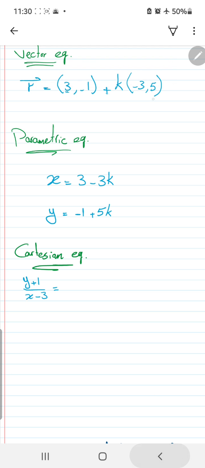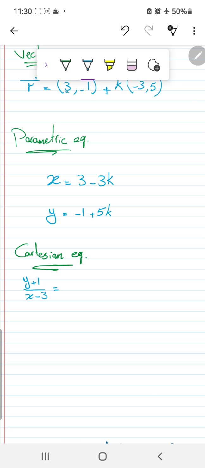The slope here, as we said, 5 over negative 3. Cross multiplication. So here negative 3 times y plus 1 will be negative 3y, positive 1 times negative 3, it will be negative 3, equals 5 times x, 5x, minus 3 times 5 equals negative 15.